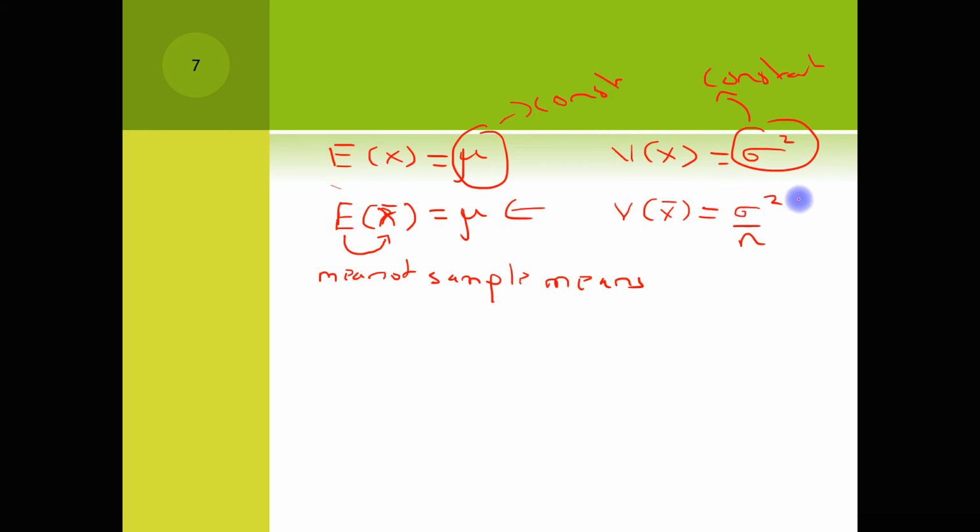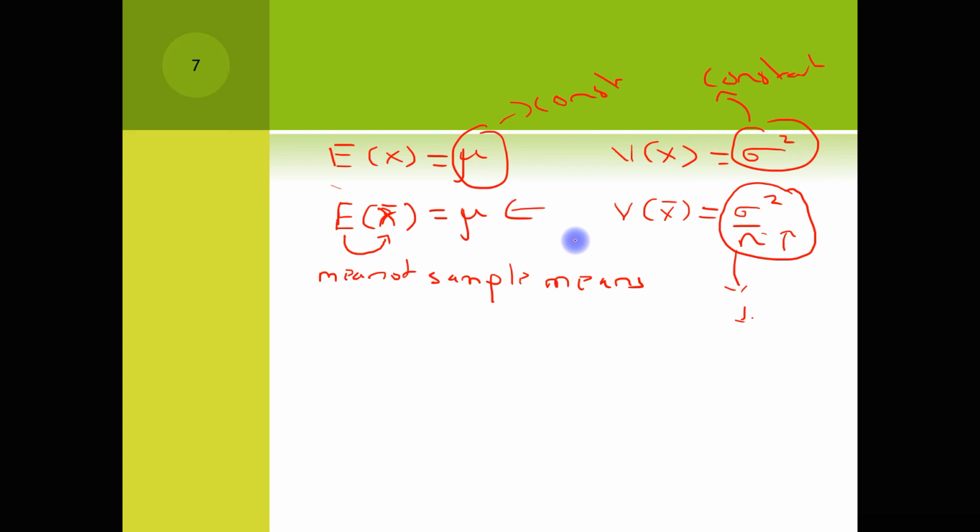If sigma squared is fixed, try to understand what's going on: as the sample size increases, the whole measure here will decrease. And this is what we observed, by the way. The variance of x bar is defined as sigma squared over n, and this implies that as the sample size increases, the variance of the sample means decreases.